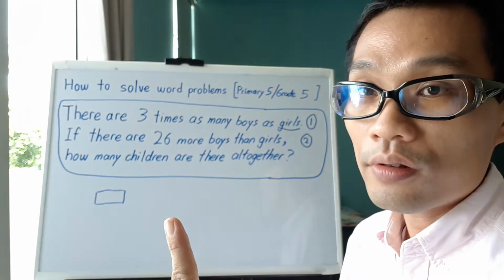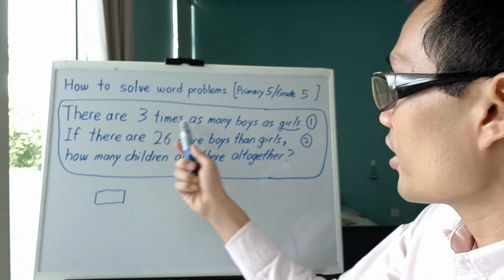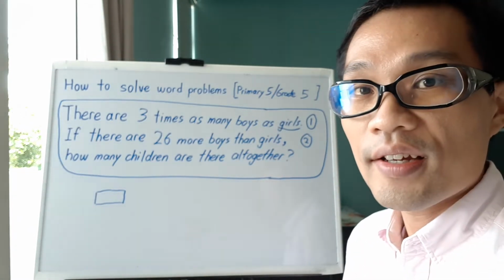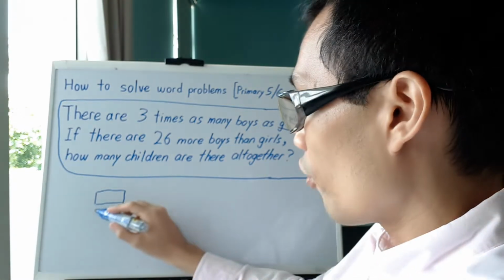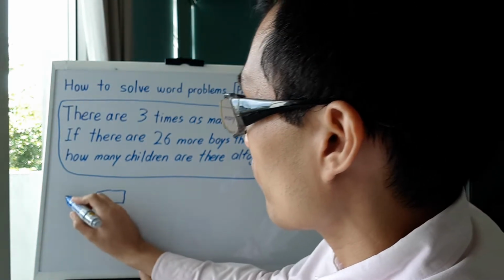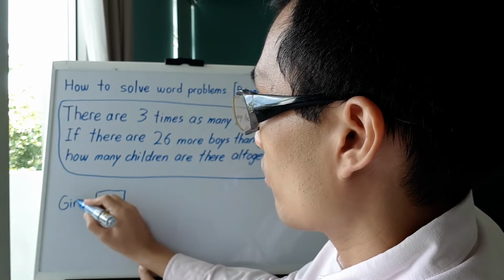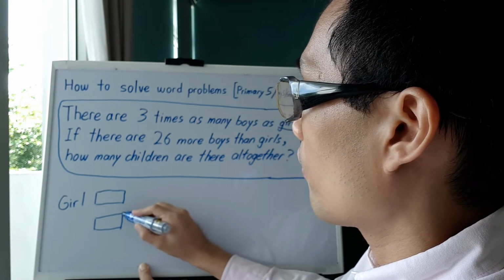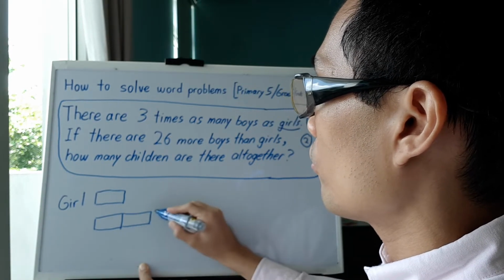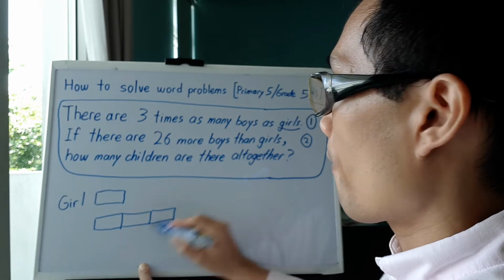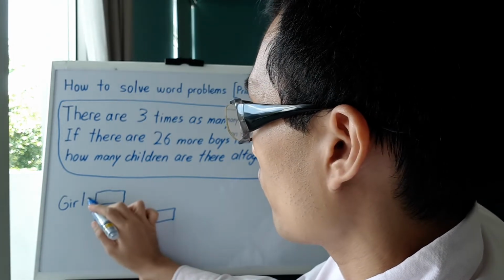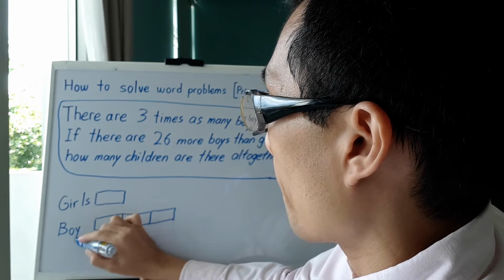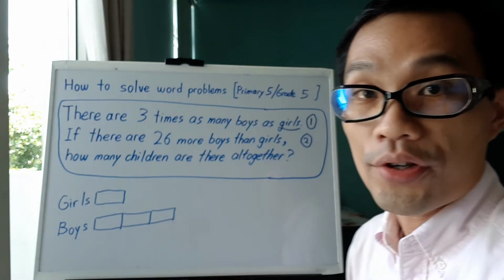So if there's one girl and there are 3 times as many boys as girls, that means to say that for every one girl you have, you're going to have 1, 2, 3 boys.